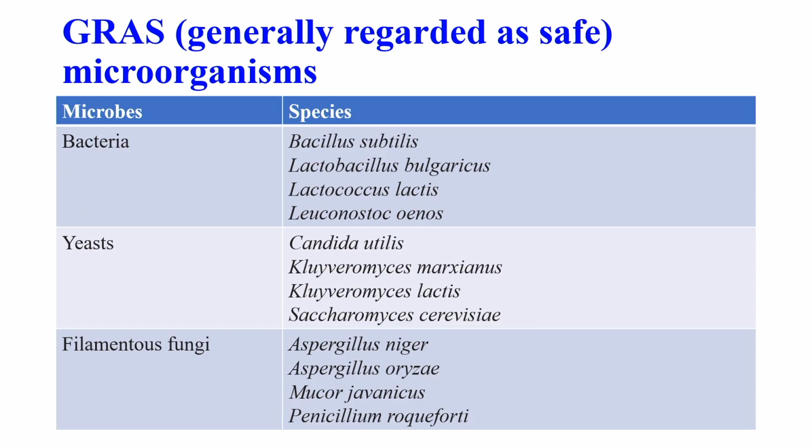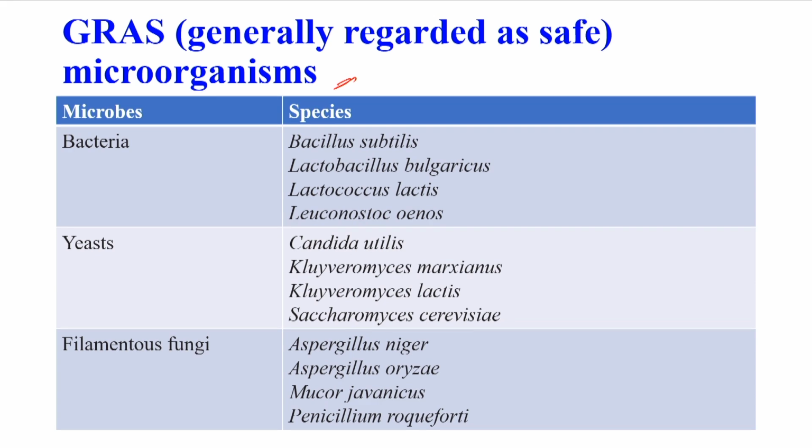When we are doing strain improvement, we typically go with generally regarded as safe microorganisms, GRAS microorganisms, because they do not require further ethical approval.